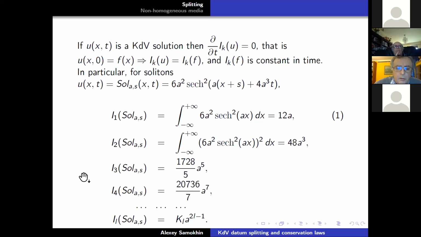It is easy to see that after the first 4 conservation laws, which are calculated here, there is an infinite number of others.